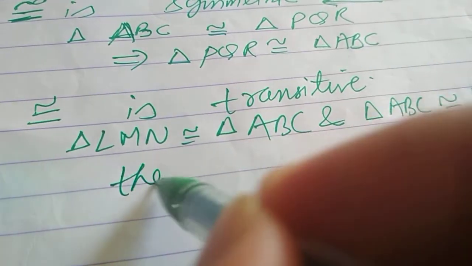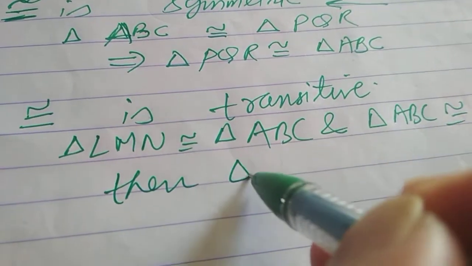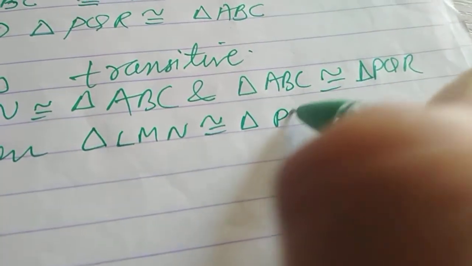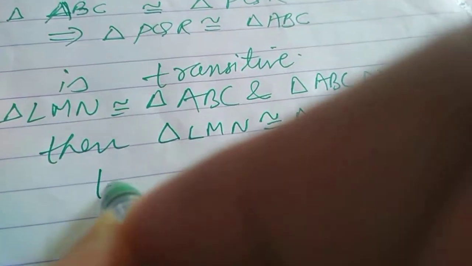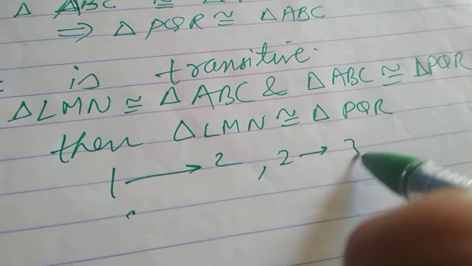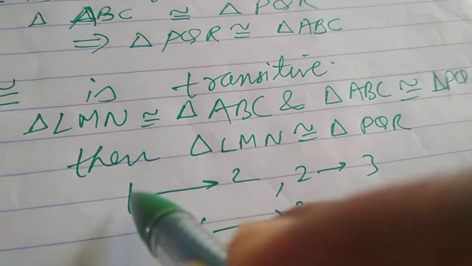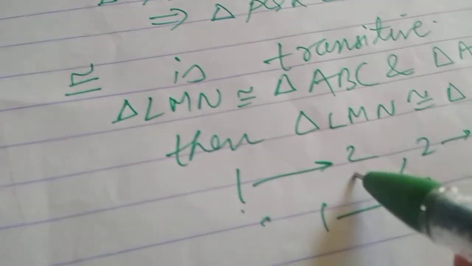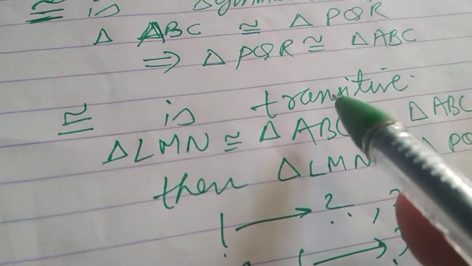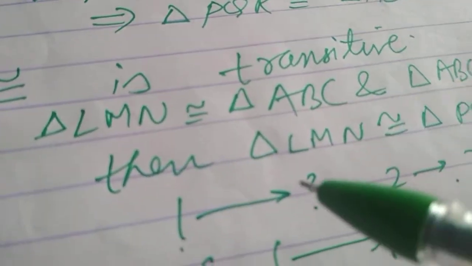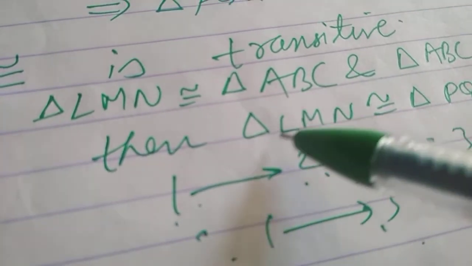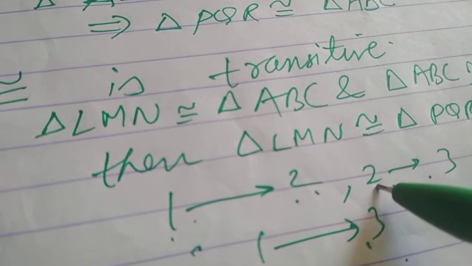Then triangle LMN is congruent to triangle PQR. If the first is congruent to the second and the second is congruent to the third, then the first is related to the third. So 1 is related to 2, 2 is related to 3, then 1 is related to 3. It is called transitive. The relation of congruence is getting transferred from the first to the third with the help of the second.